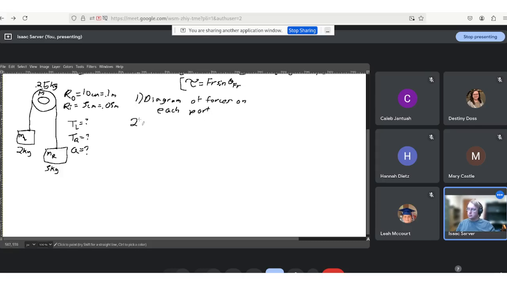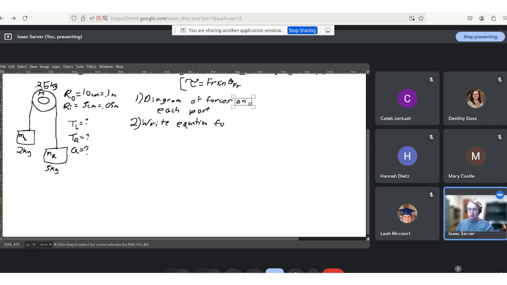Number two: write equations, not just forces, but also torques.